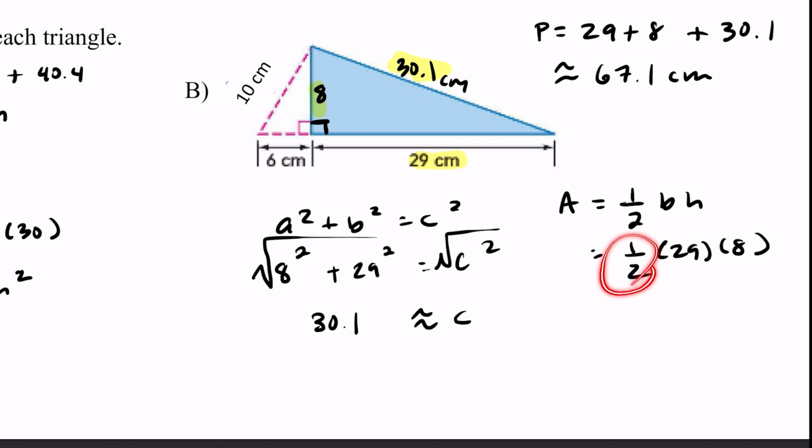So I can do 1/2 times 8, which is 4. So 4 times 29, that is 116 centimeters squared. Any questions so far? Okay.